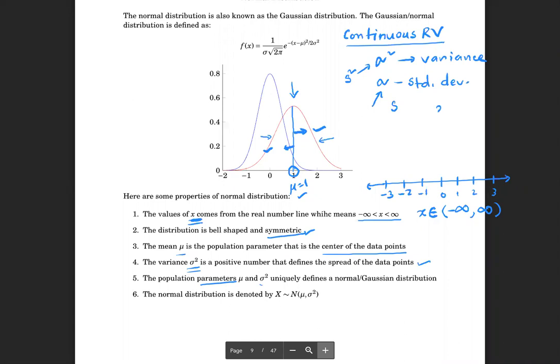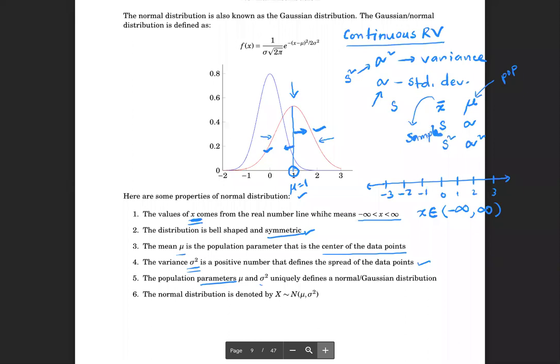Like X bar is the sample mean, mu is the population mean, S is the sample standard deviation, sigma is the population standard deviation, S squared is the sample variance, and sigma square is the population variance. So the Greek letters go with the population and regular lowercase English letters go with the sample.